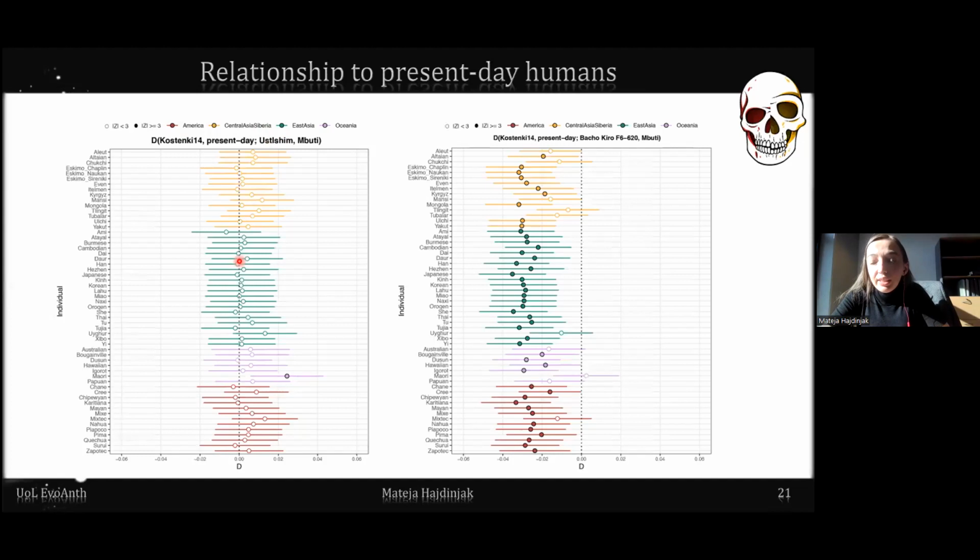However, when we looked at the individuals from the Bacho Kiro cave, the initial Upper Paleolithic individuals, what was surprising is that actually they shared significantly more of their alleles with the present-day populations from East Asia, from the Americas, Central Asia, and Siberia than what they share with the later populations in Europe in the Upper Paleolithic.